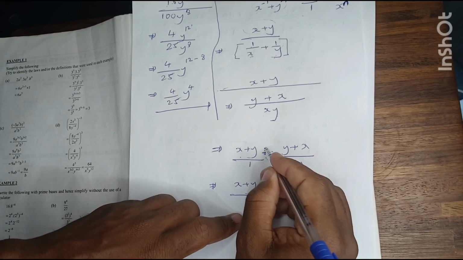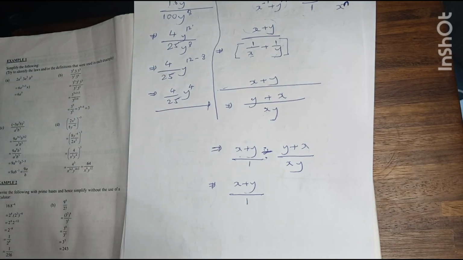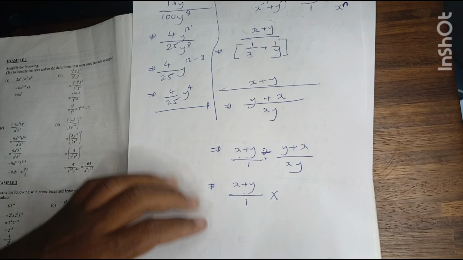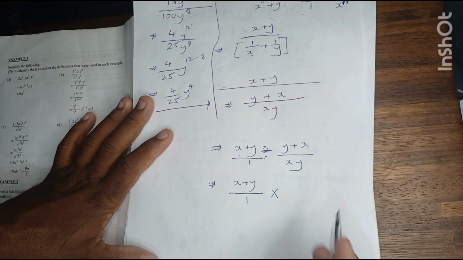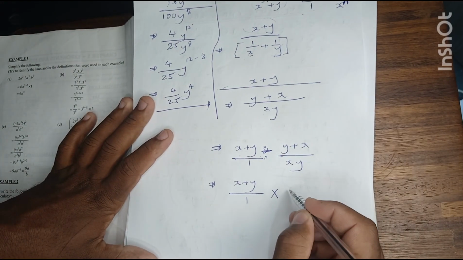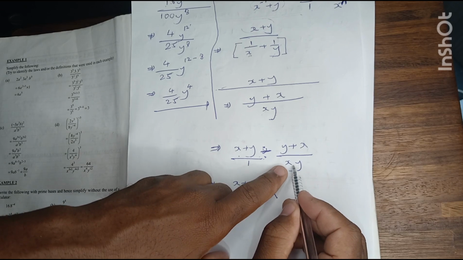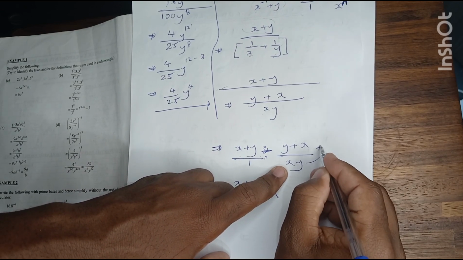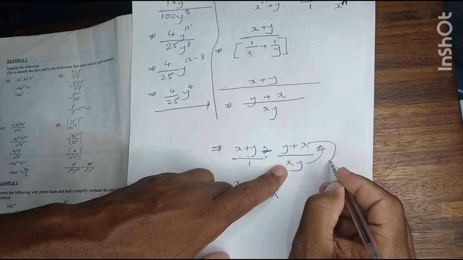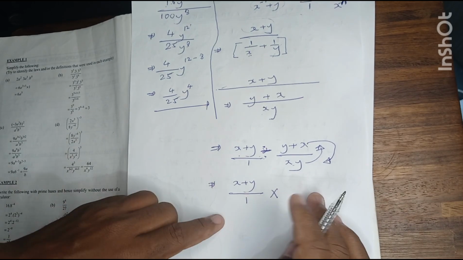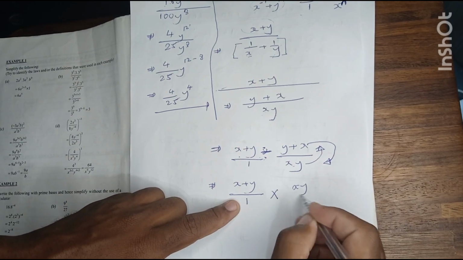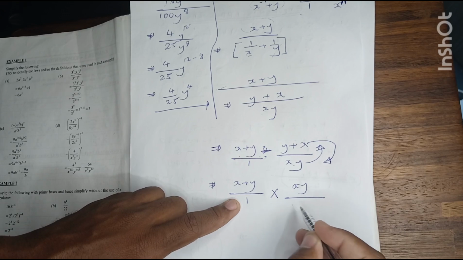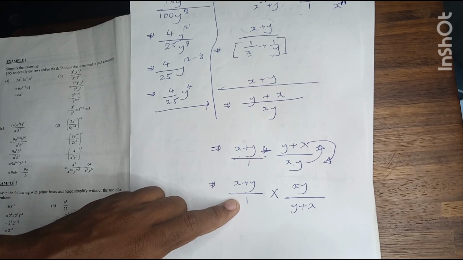What we do here, you change the division into multiplication. Immediately when you change the division into multiplication, you invert. Whenever you are inverting, what was on the denominator becomes the numerator, and what was on the numerator becomes the denominator. So it's going to be xy all over y plus x like this.